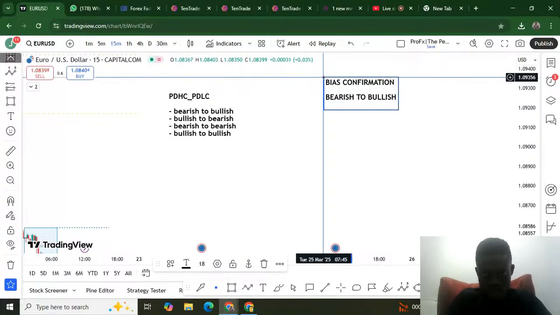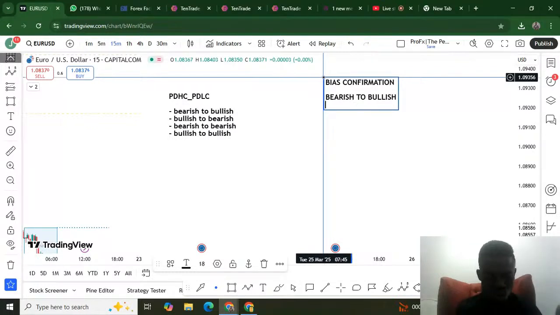Now there are two things that will happen. As price is entering the new day, there will first be manipulation before a distribution. As price is opening into the new day, two things can happen. There will be manipulation before distribution, that's one scenario.